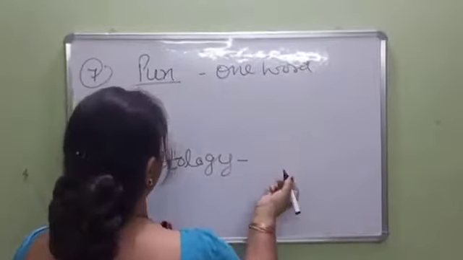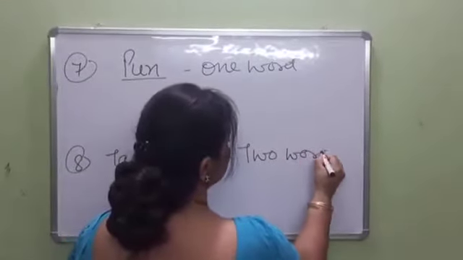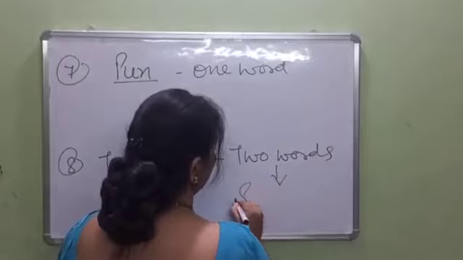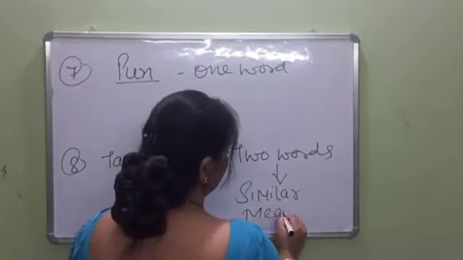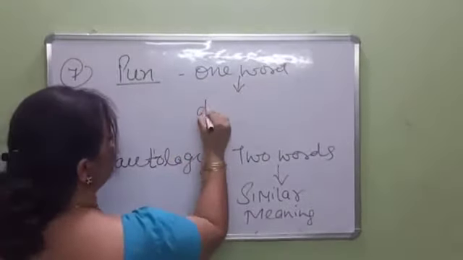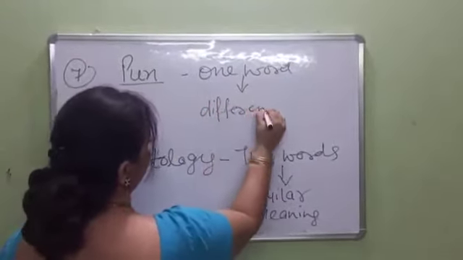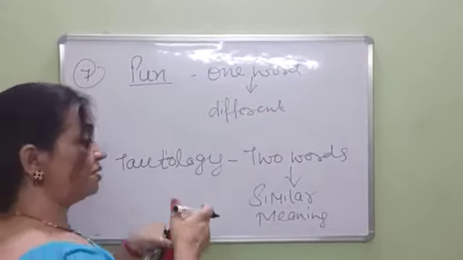Tautology is when you are given two words but having similar meaning. I am just repeating: one word having different meanings is pun; two words having similar meaning is tautology.